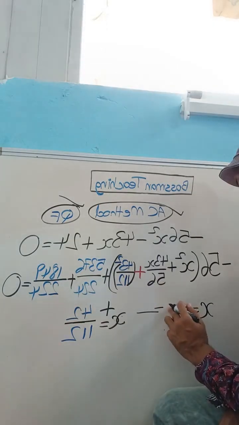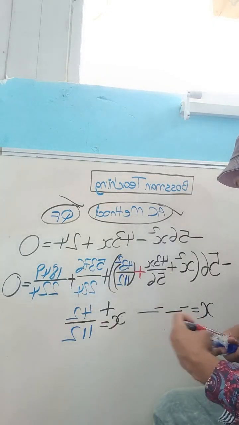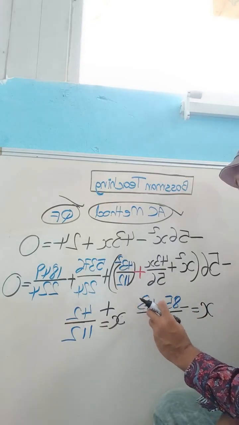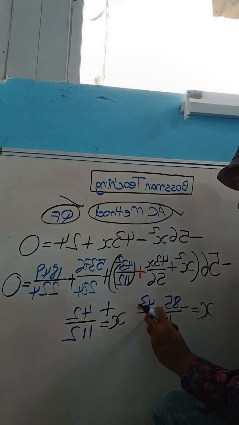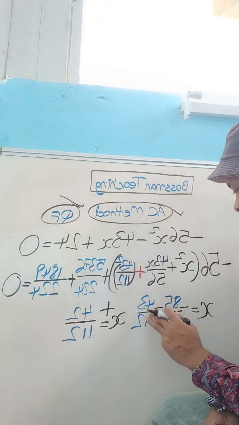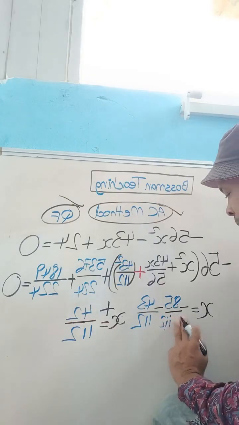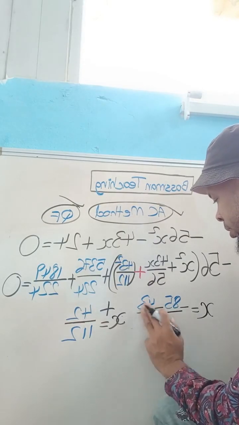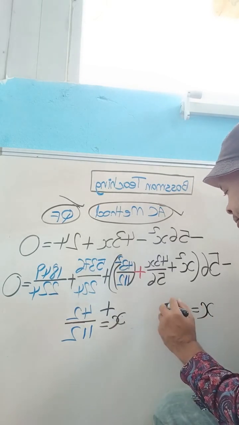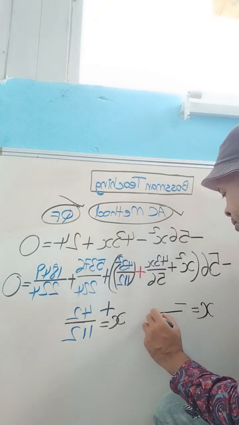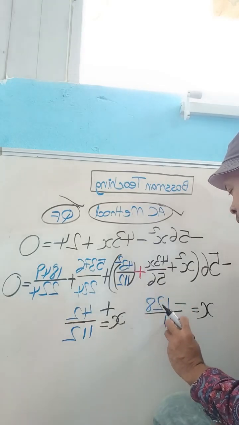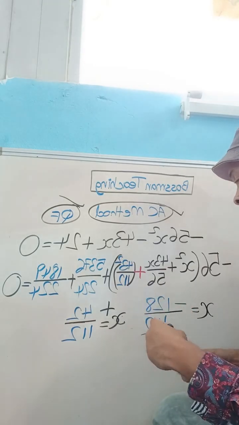Make sure it says the right thing I have here. So minus 85, minus 43. So now we end up with minus 128. So we'll have minus 128 over that.